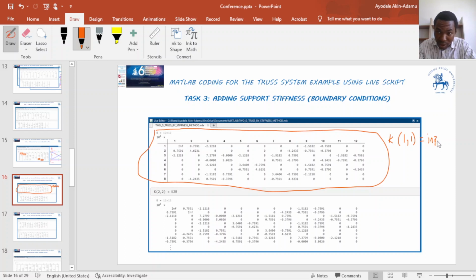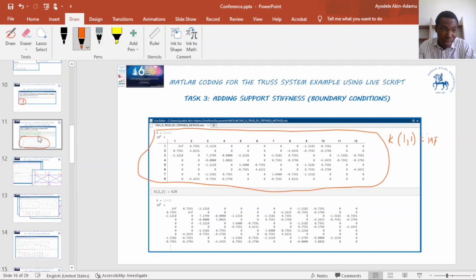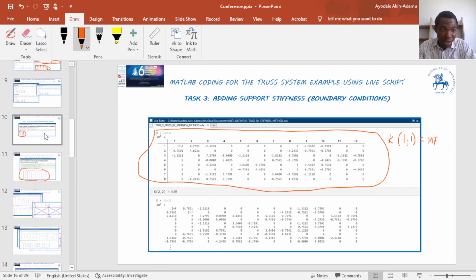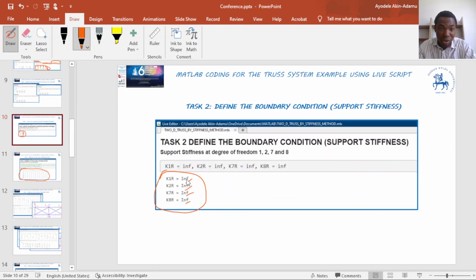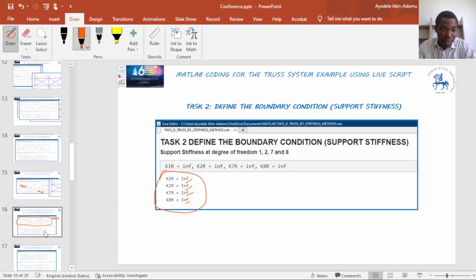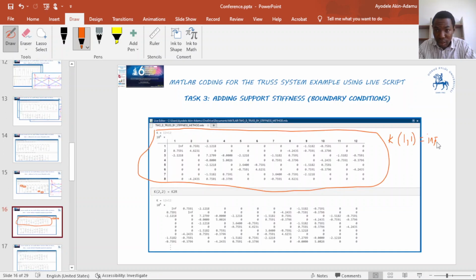But remember, I actually created a stiffness for each of the degrees of freedom. K1R equals infinity, so I can actually write K1R.